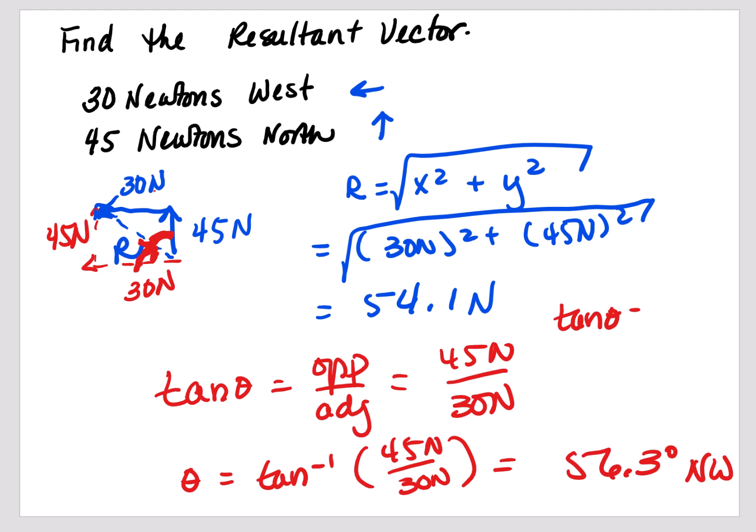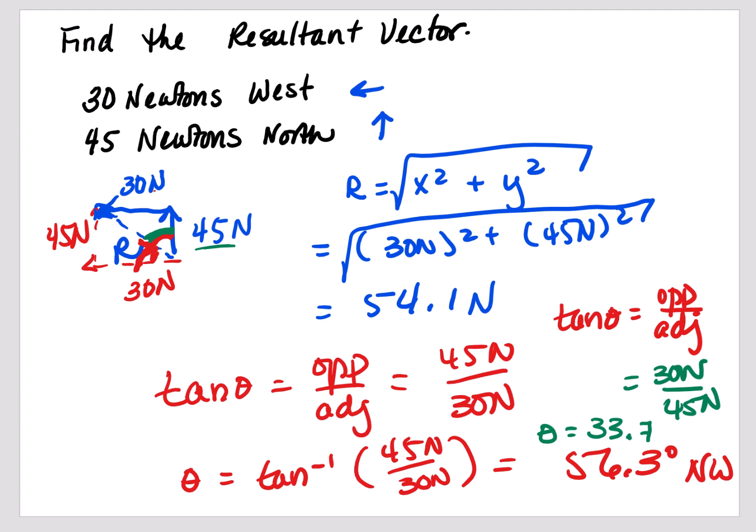If I choose the other angle here, I could put tangent theta again. Tangent theta is still opposite over adjacent. But now my opposite, this theta, is going to be 30 divided by my adjacent is 45. And so if I do my theta, I am still going to get 33.7 degrees.